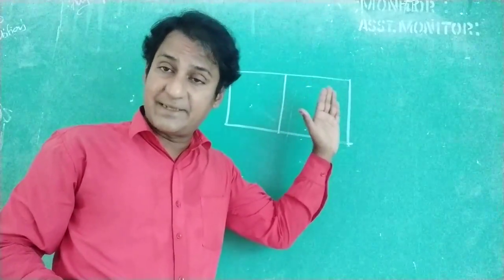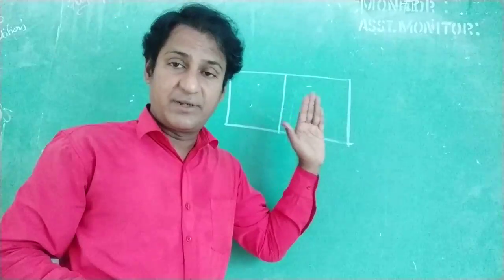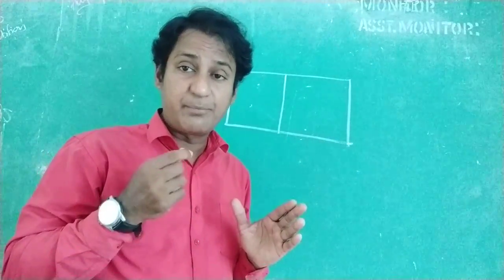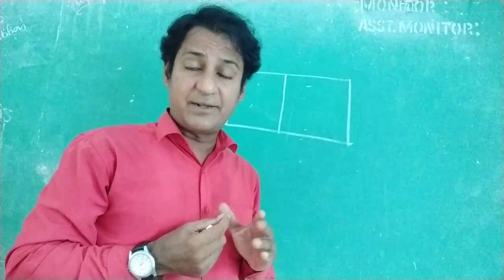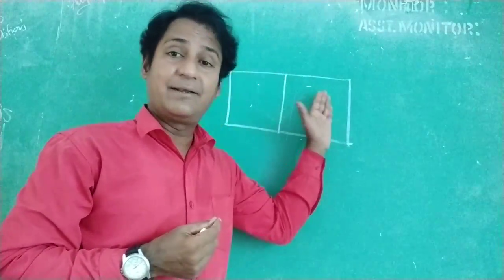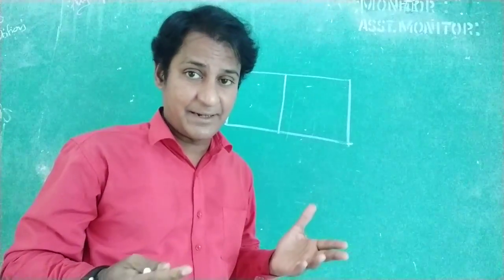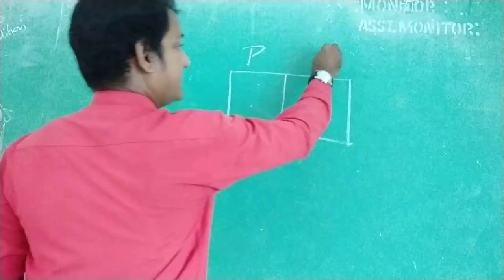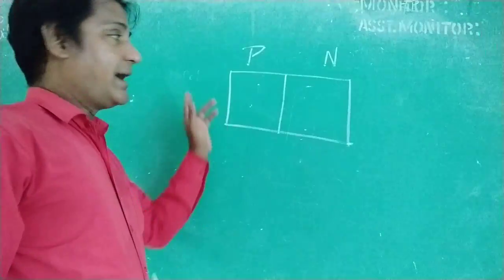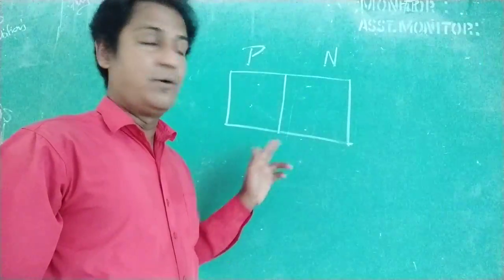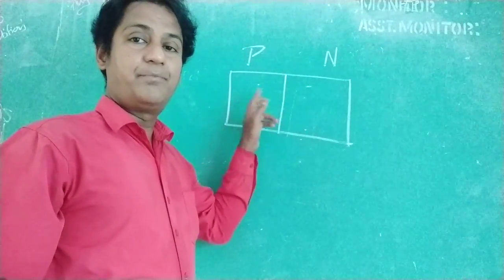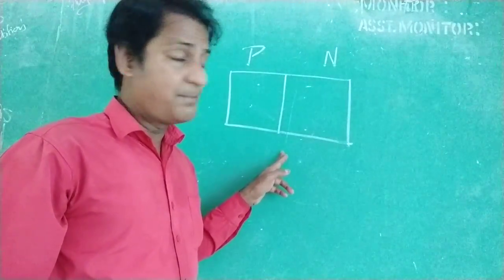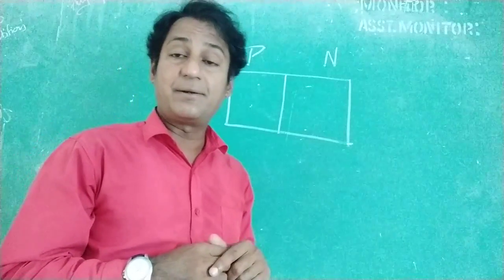If the other side of that same crystal is doped with donor impurity atoms, or pentavalent atoms, then that region becomes the N side. So this becomes the P end, this becomes the N end, forming a junction at the midpoint. Since a junction is formed in the middle, this is called a PN junction diode.